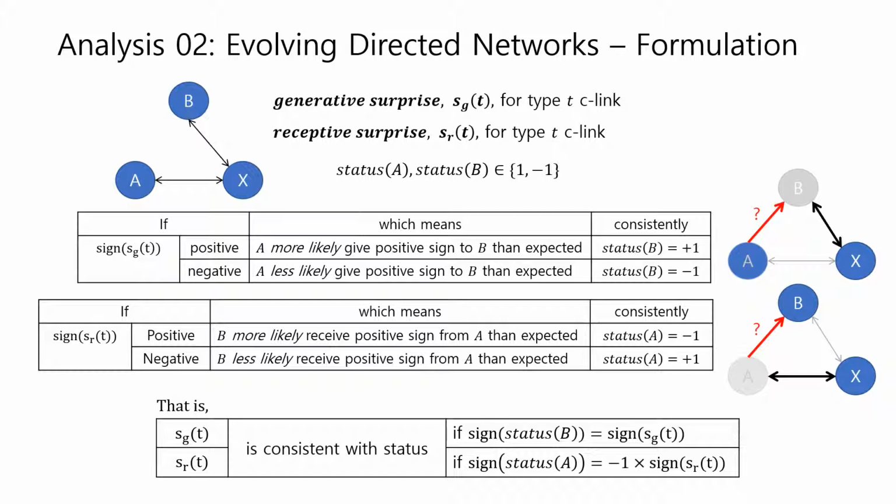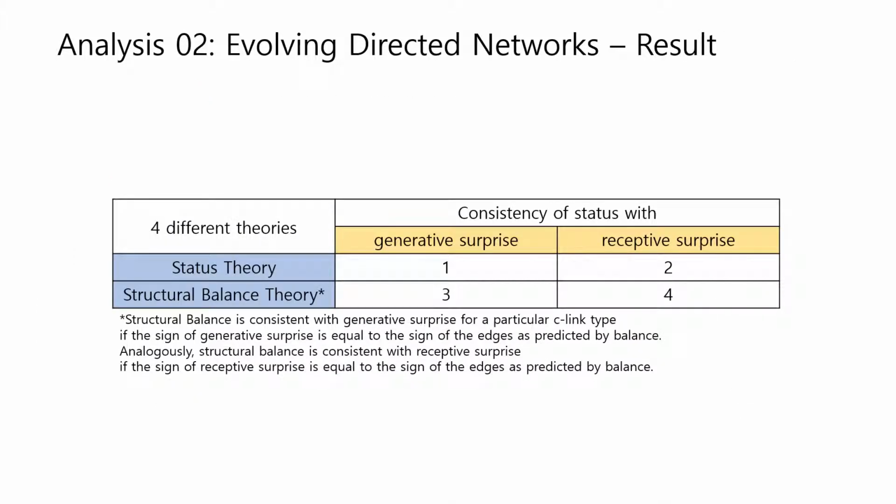With those notions, we say that the generative surprise for type T is consistent with status if these statuses have the same sign as the generative surprise. Similarly for receptive surprise. Now we can analyze networks using four different theories.